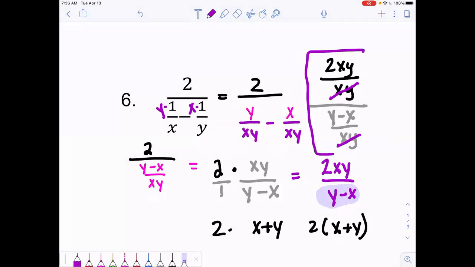But this, I think, is what Ella did right here. Either one is correct. Same answer. Just depends how you want to get to that step. So do you want to multiply everything top and bottom by the least common denominator? Or do you just want to worry about one part of the fraction and then multiply by the reciprocal?